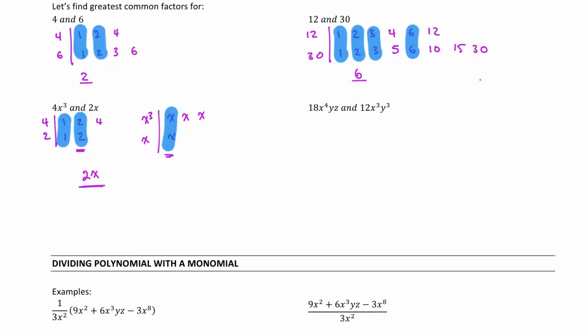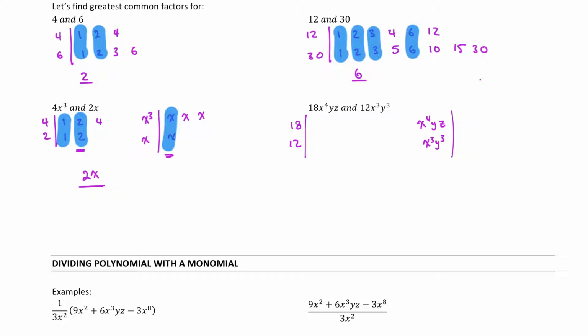We are going to do the exact same procedure for this one. I'm going to have 18 and 12, and I am going to have x to the 4, y, z, and x cubed, y cubed here.